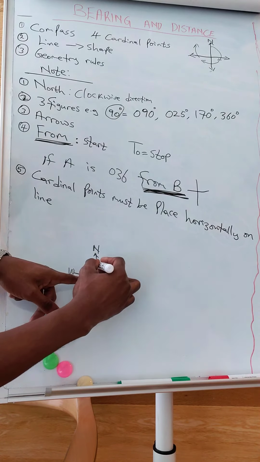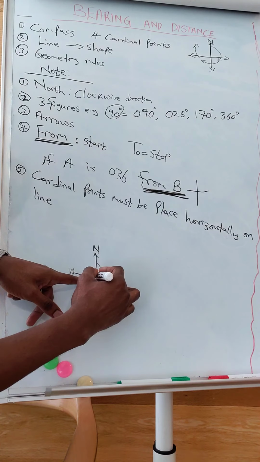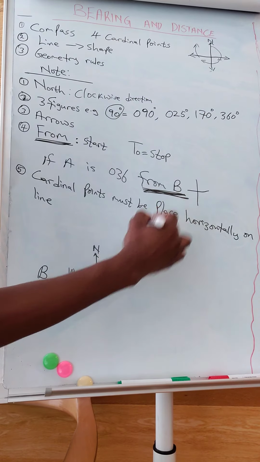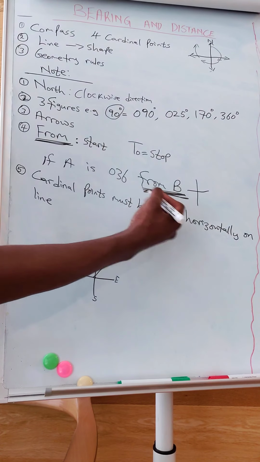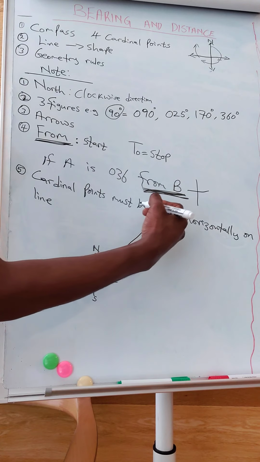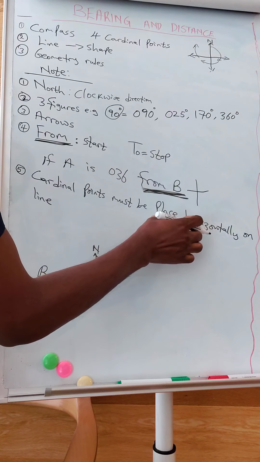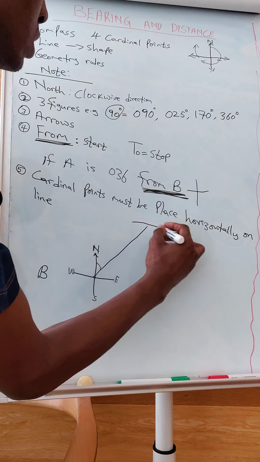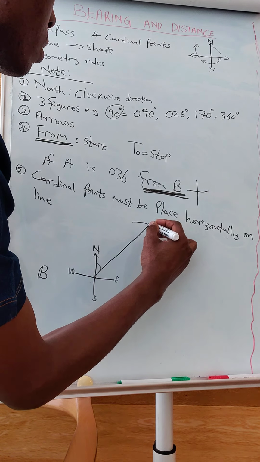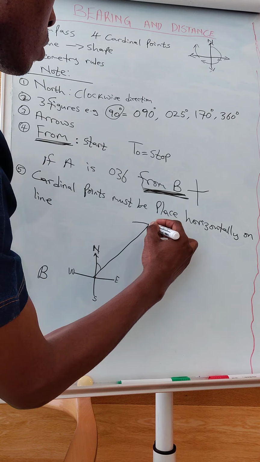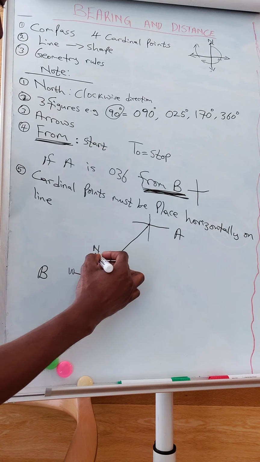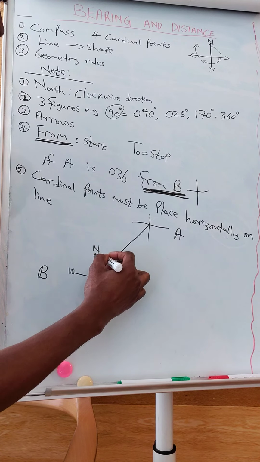Now, 36 will be from north. 36 will be around here. You draw a line. You have to place another 4 cardinal points horizontally here. So this point now is point A. We'll not go much into this because we are just introducing it. Sorry, we have to put the arrow to show that it's coming from the north to this point.